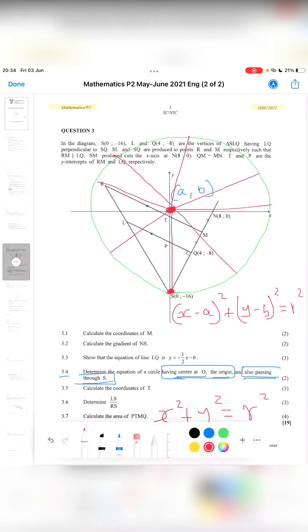But now, why are we interested in the radius of that line? It's because we know the coordinates at point S, and we know that the distance from the center all the way up to there is actually equal to 16.